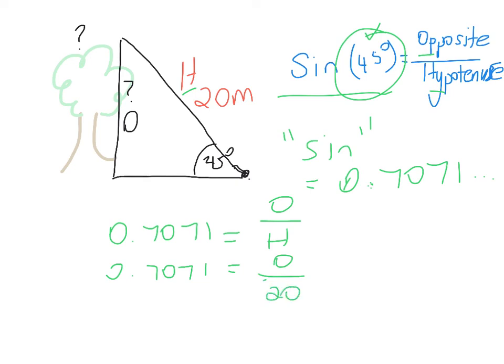So how do we find out what this figure is here, which is our opposite? We need to multiply both sides by 20. Therefore, 20 multiplied by 0.7071 will give us our opposite.